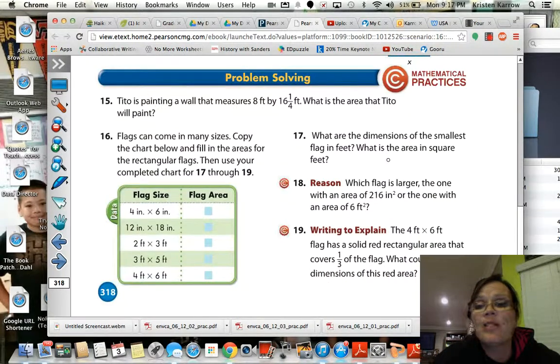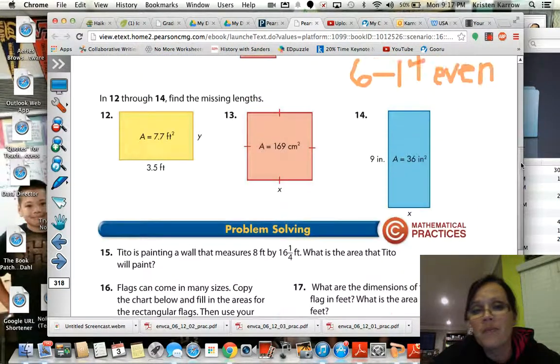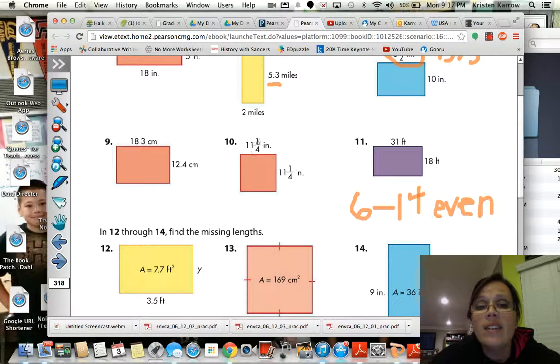When you get to number 10, 11 and 1/4 is going to be the decimal 11 and 25 hundredths. And I know some of you already know that, but it's the same as having 1/4 and change.